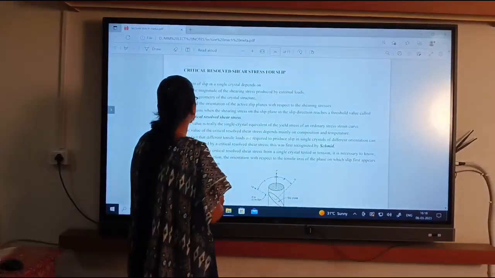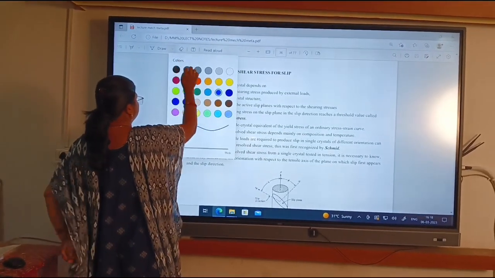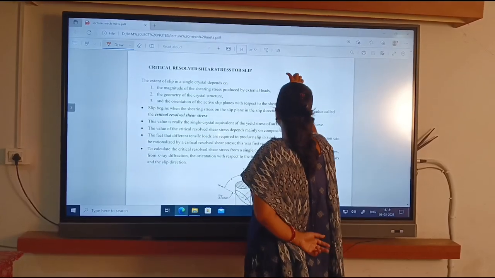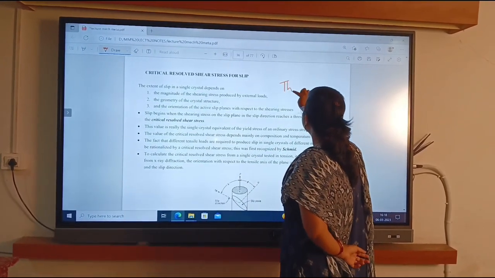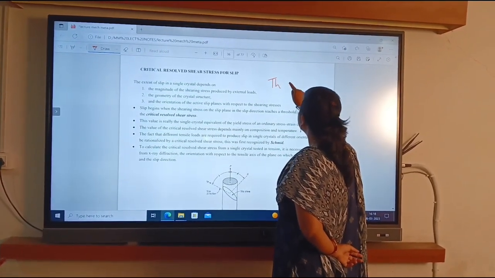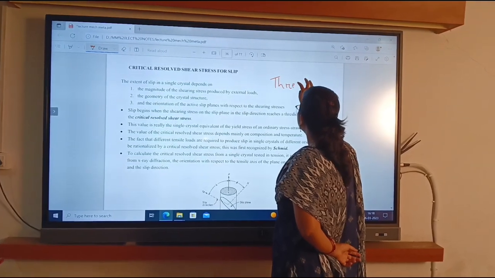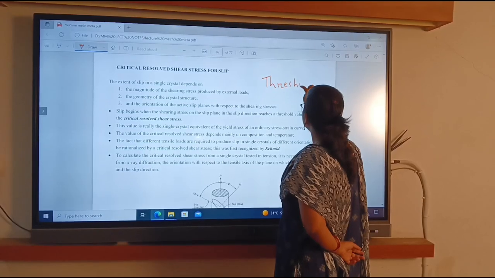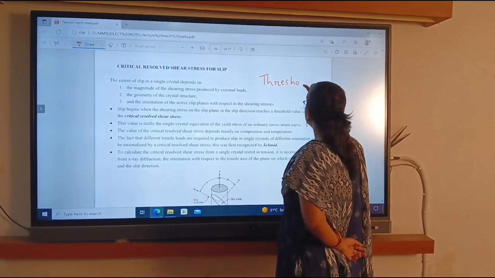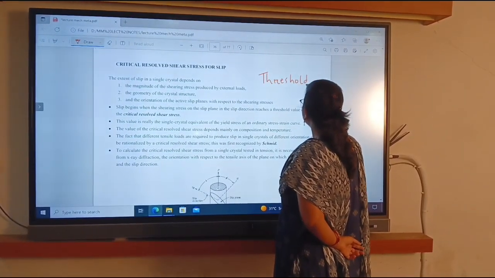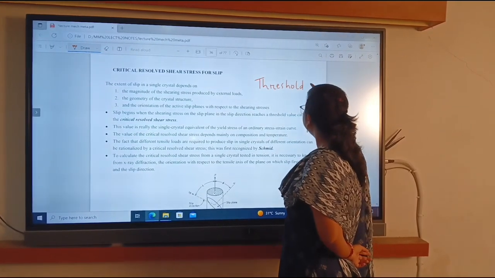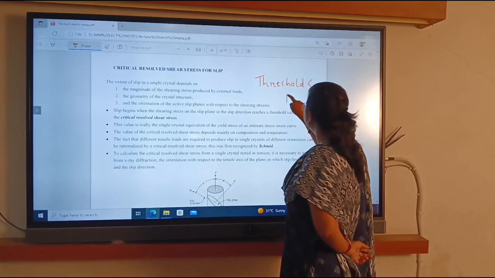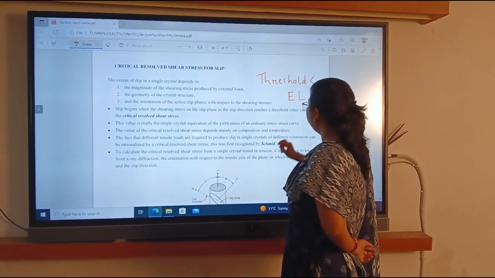So here I will be writing: threshold must be less than the external load.